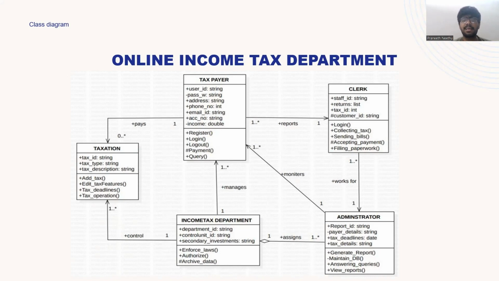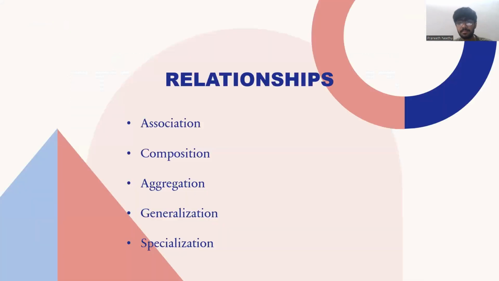Although each of the classes is in a relationship with the others, not all the relationships are of a similar type. There are different types of relationships that classes can undergo, like association, composition, aggregation, generalization, and specialization. Each of the relationships is represented in a different manner.